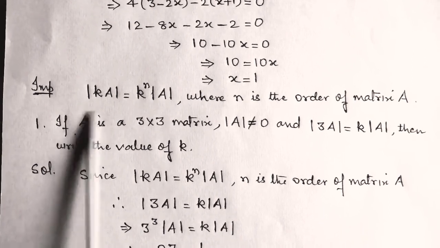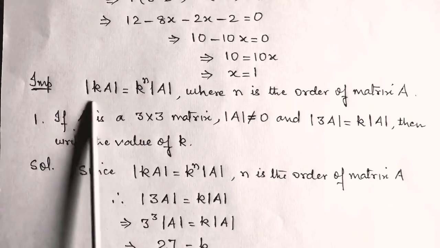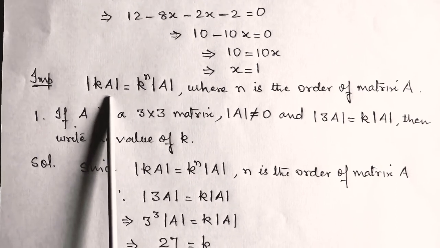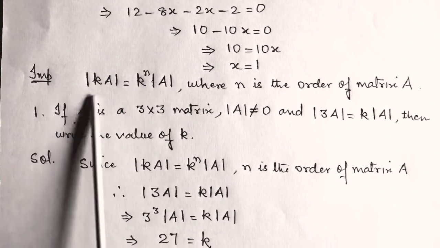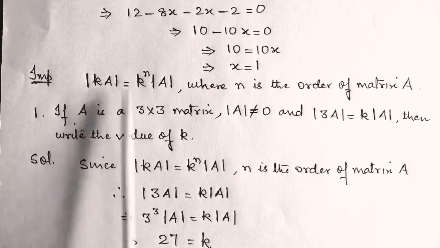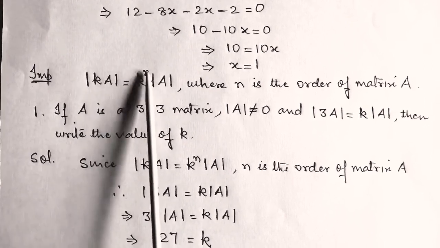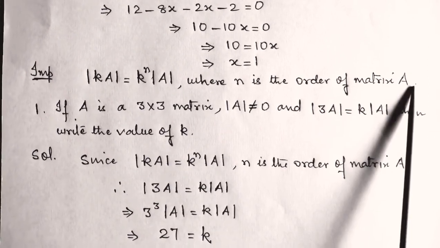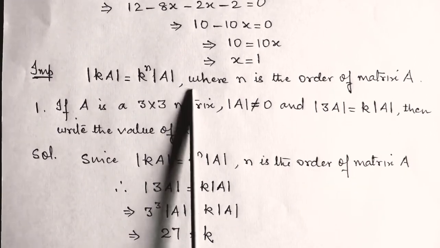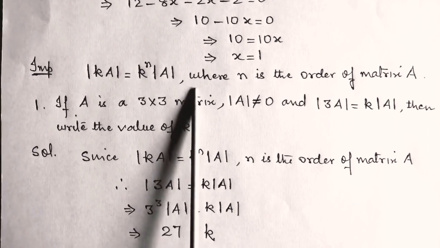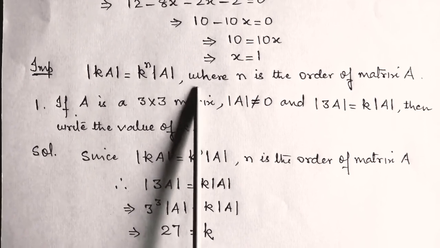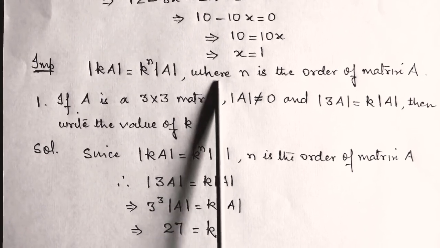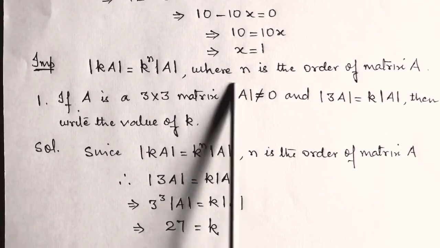Now I come to a very important result, that is the determinant of Ka is equal to, if you are taking this K out, K raised to power n into the determinant of A, where n is the order of the matrix, right? Now if you remember, in matrices, suppose you have a matrix A, and if you were finding 3A, then you were multiplying all the elements of the matrix by 3.